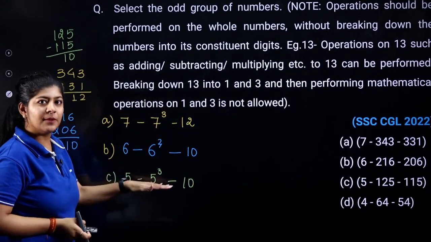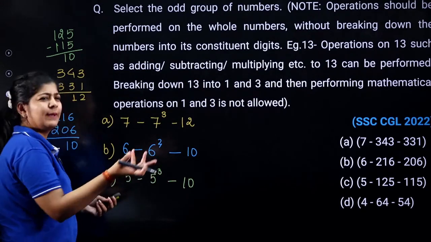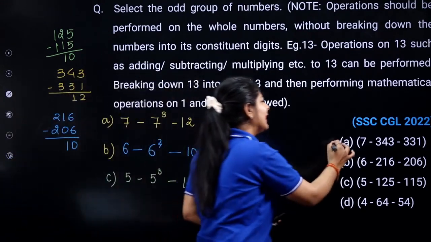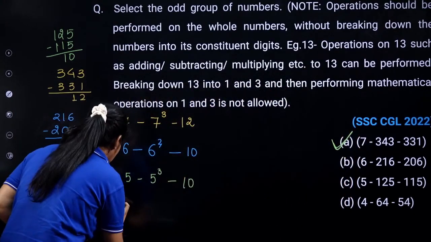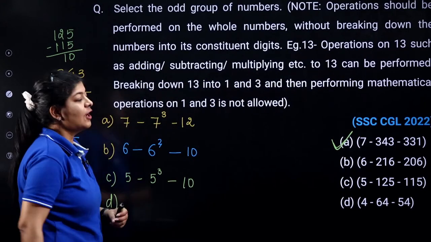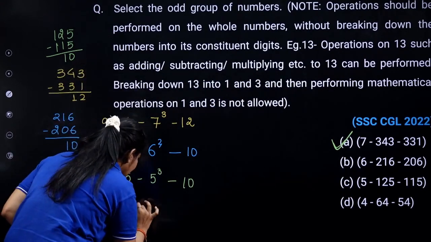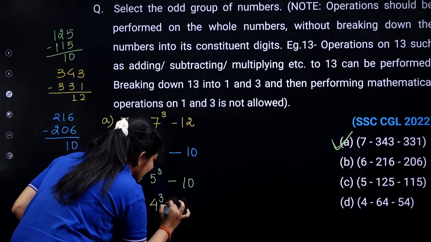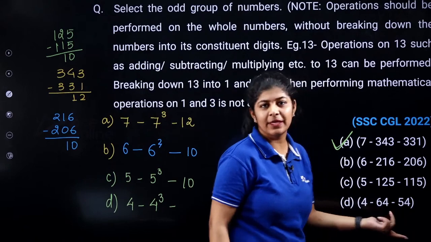Are option number B and option number C following the same property? Yes. So we can say that option number A is the odd one out. But we need to check option number D as well. 4. What is the cube of 4? That is nothing but 64. So 4 here, and 4 cubed. If I subtract 54 from 64, I am getting 10.